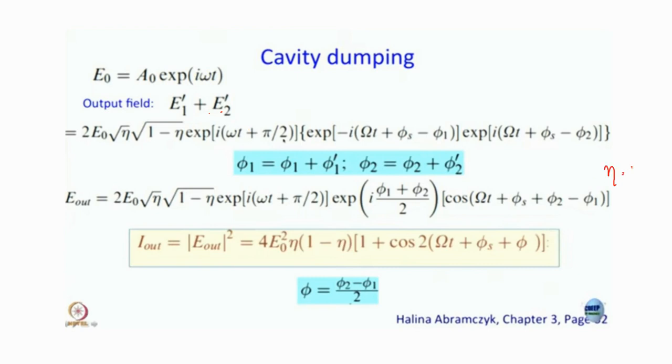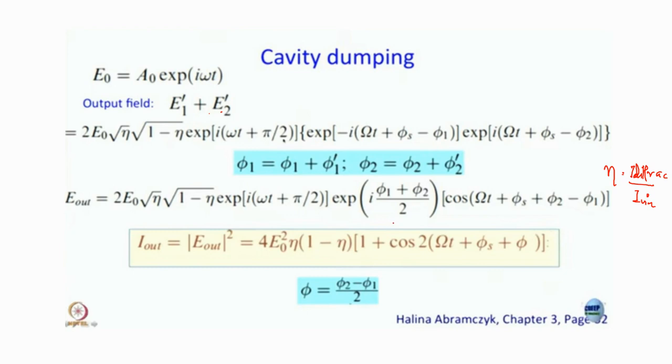And 1 minus eta we got from the relation eta is equal to I diffracted upon I incident. So the intensity of the diffracted beam upon the intensity of the incident beam. Therefore, we got to know this is the relation.